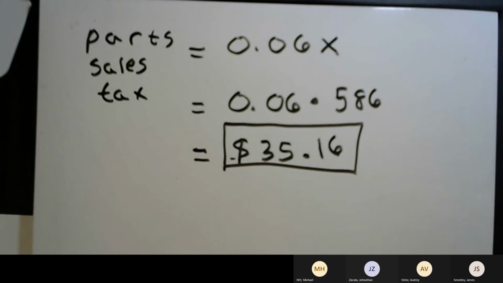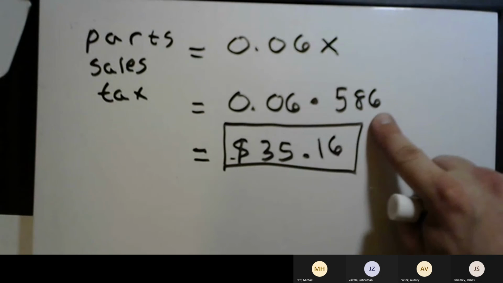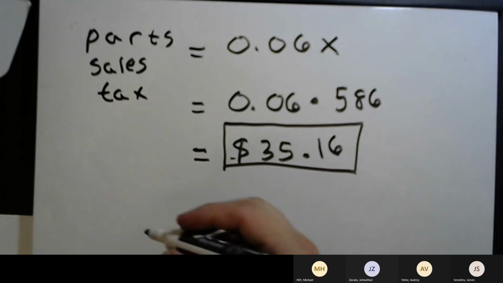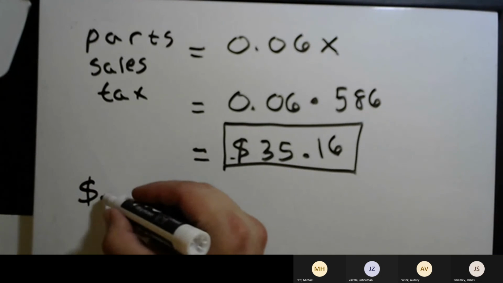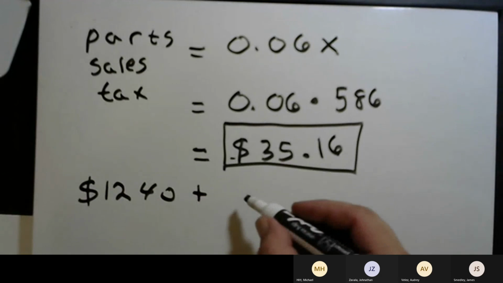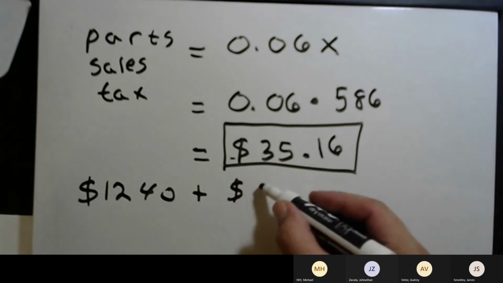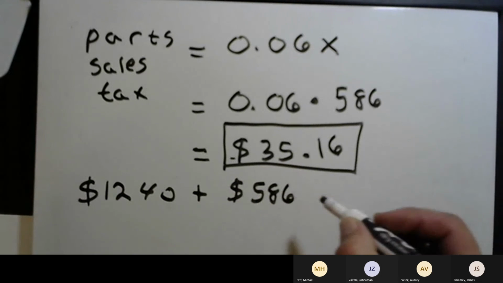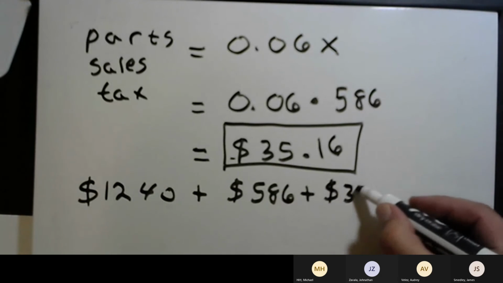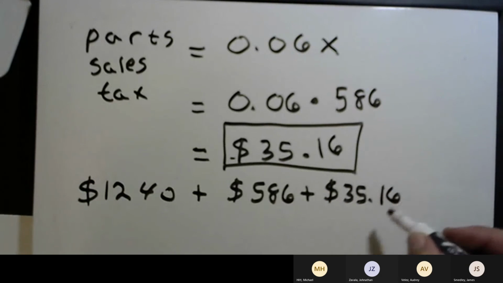We'd expect the sales tax to be less than the amount for parts. So, okay, that makes sense. And one way you can check this, if you take your labor plus the amount for parts, which we did find, that's 586, and then add the amount for the parts sales tax.